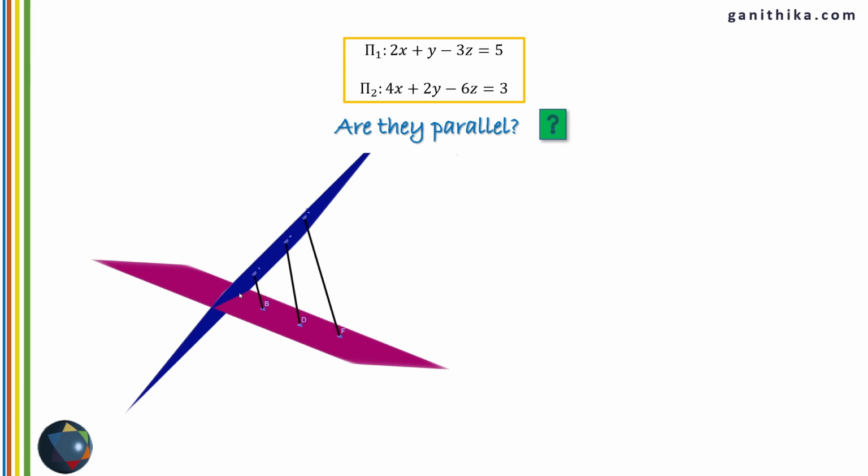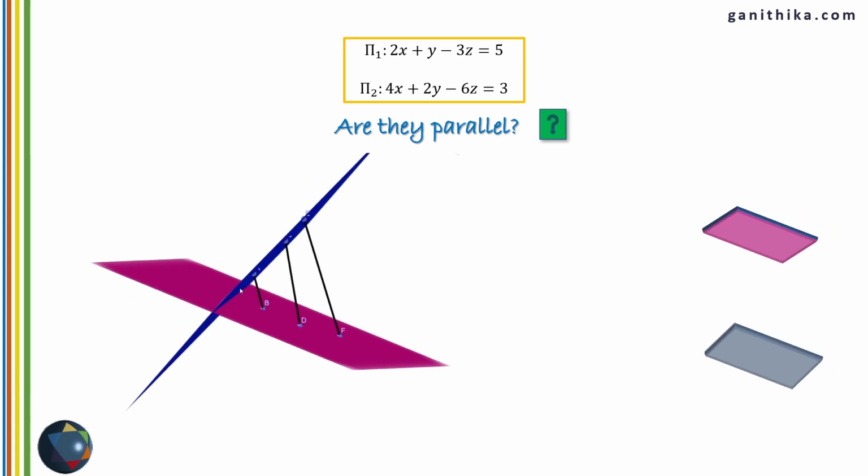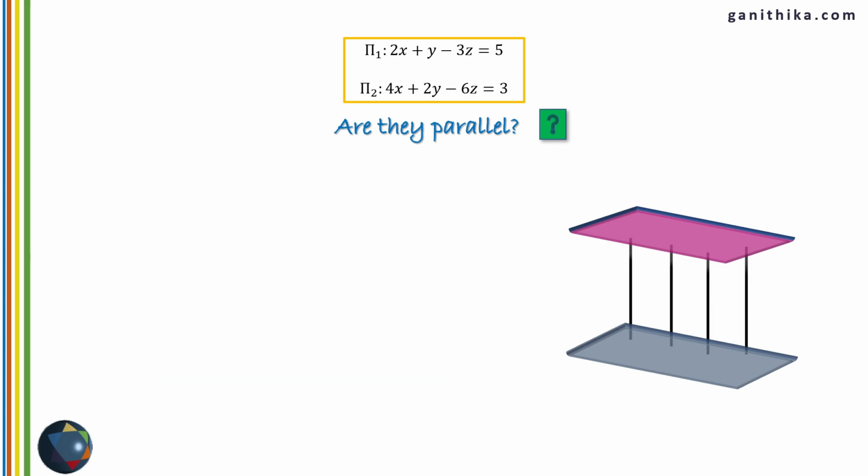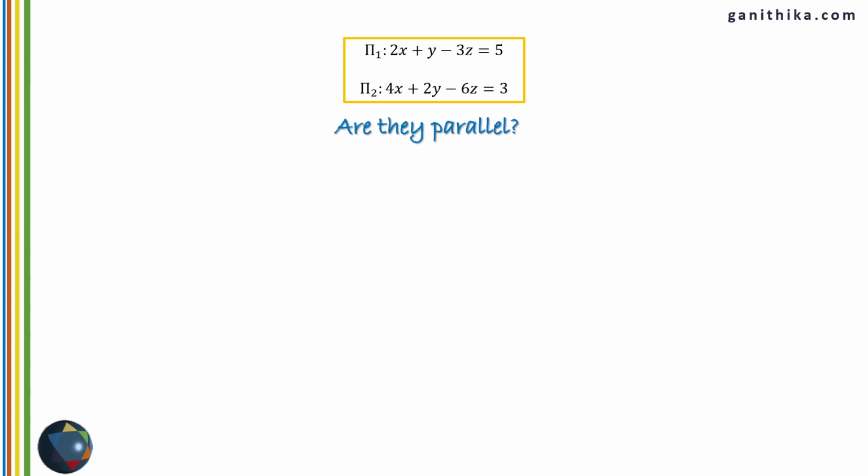Therefore, we cannot find the distance between the two planes when they are intersecting with each other. Therefore, we can only find the distance between two parallel planes. And if you have two parallel planes, you can see that the distance between them is constant and it is a perpendicular distance between the two parallel planes. We'll go into that in detail soon.